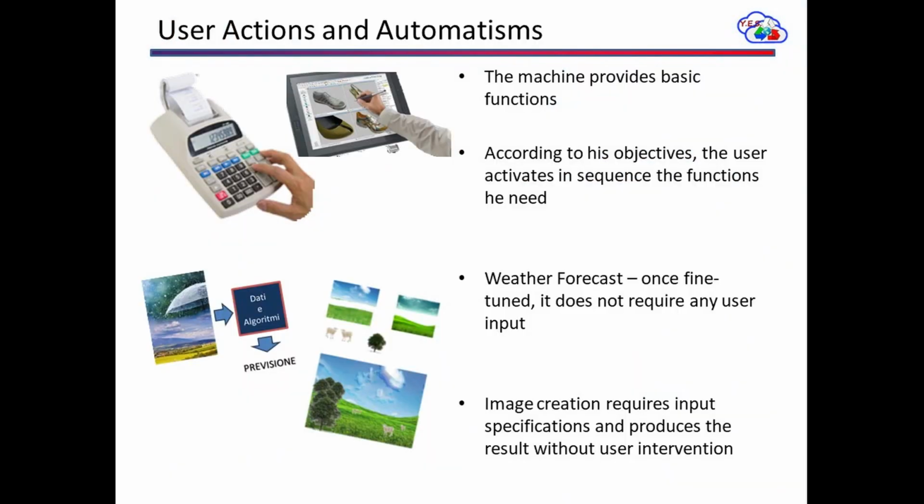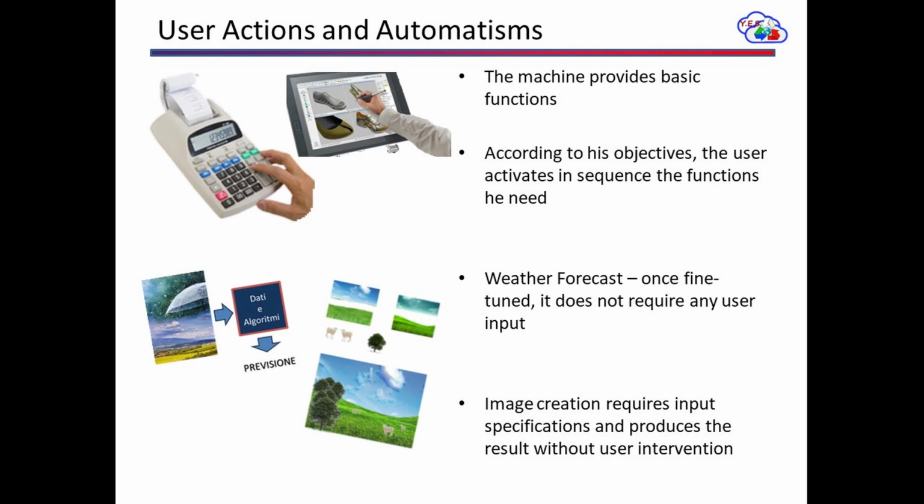We also found an analogy between the hardware architecture of the electronic calculator and its use by the user on the one hand, and the use of specialized products of graphics, multimedia, and text management on the other hand. In both cases, it is the user who interacts with the machine and selects step by step the functions he needs to complete the expected result.